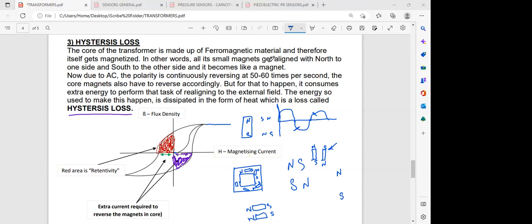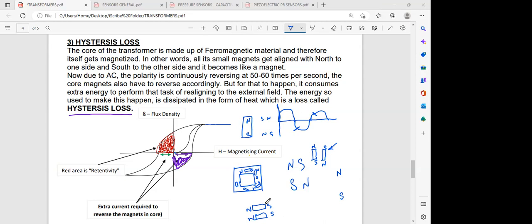Okay. So at this particular point, although the magnetizing current has come to zero, you still have some magnets in this core arranged in this manner, with north one way and south the other way. Most of the others have gone into the higgledy-piggledy position, all scattered.